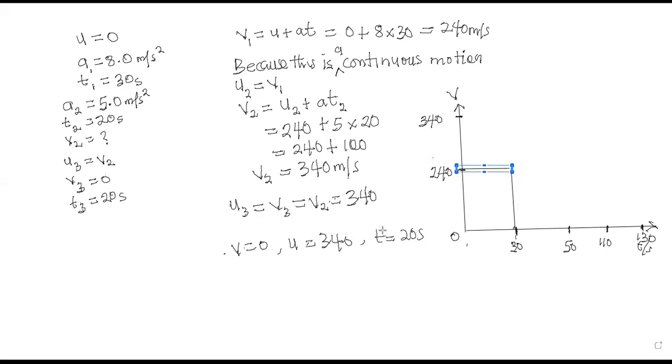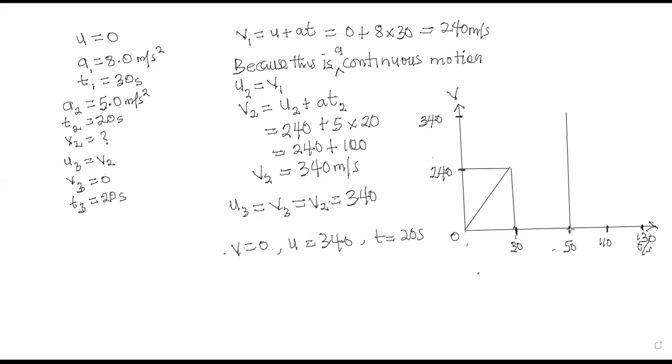So this graph must look like this. Then during the next part, the body reduces the acceleration, and the final acceleration is 5.